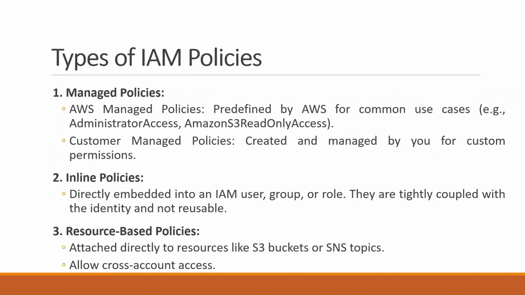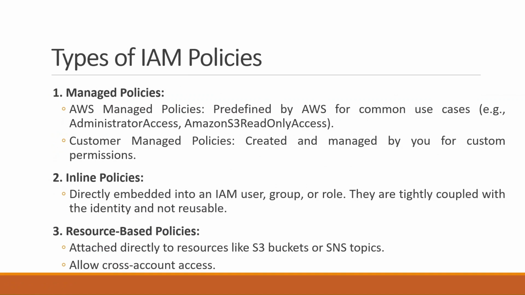First one is managed policies. AWS managed policies are predefined by AWS for common use cases, for example, administrator access or Amazon S3 read-only access. These are predefined by AWS for common tasks, so you don't have to start from scratch.